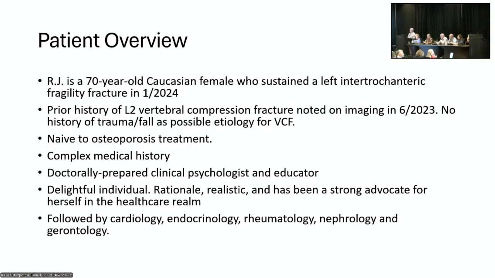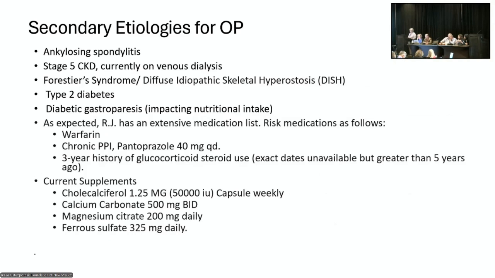So I do think one thing that was striking about this, she's a very good historian, and she makes a good case for the fact that with all these specialties, bone health was never brought up to her. So I don't know who leads the charge in this when you have so many specialties involved, each of whom have a little piece of bone health input and have a responsibility for secondary cause.